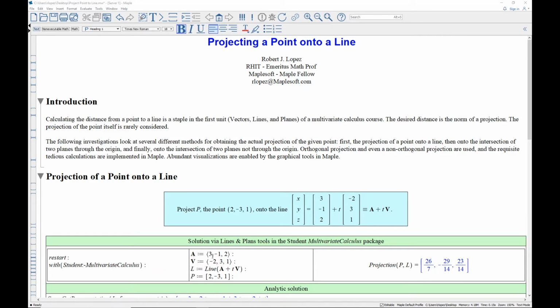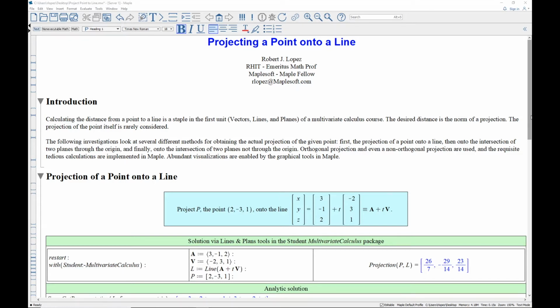So we define the vector A, the vector V, we define the line, and the point that we want to project as a point. And we can use the projection command in that package, project P onto L. This is the answer that we're going to be looking for. It is the point on the line that is closest to the point P.